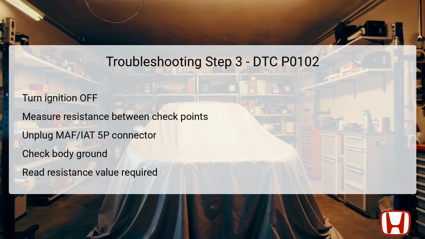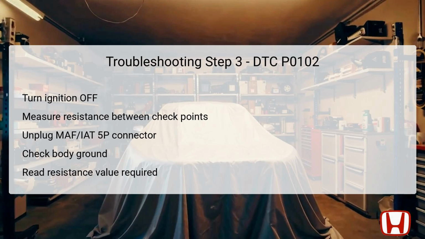For the third step in troubleshooting DTC P0102, first, ensure the ignition is turned off. This step involves measuring the resistance between two specified points to check for continuity in the VGP line. With the MAF sensor IAT 5P connector still disconnected from the harness, measure the resistance between test point number 3 of the MAF IAT connector and body ground.